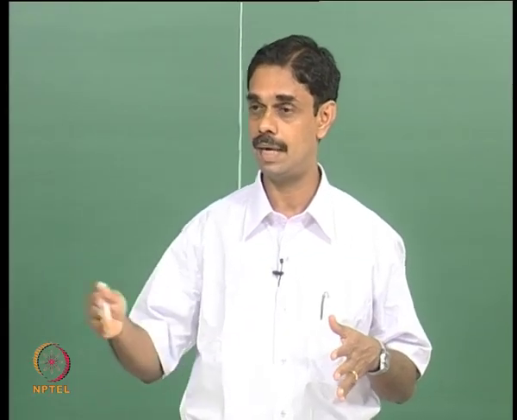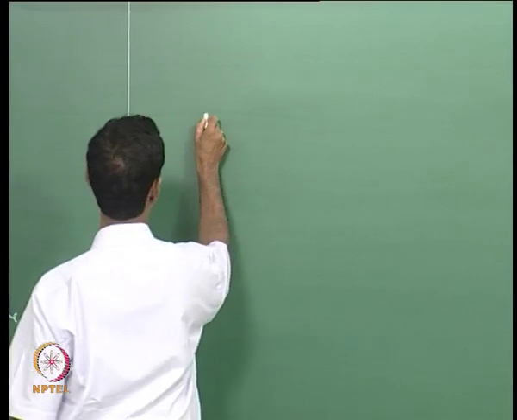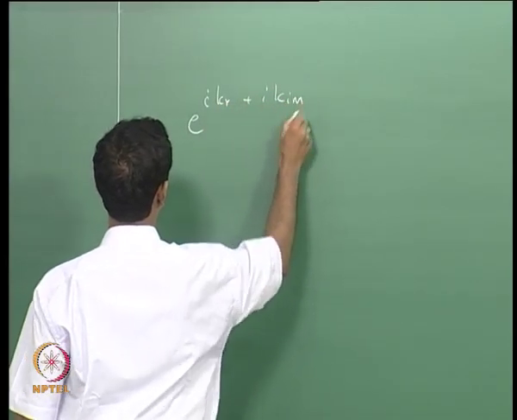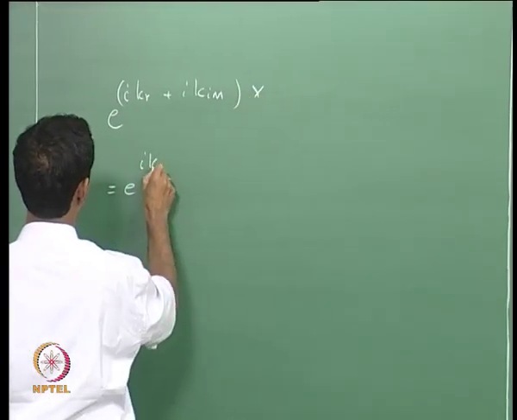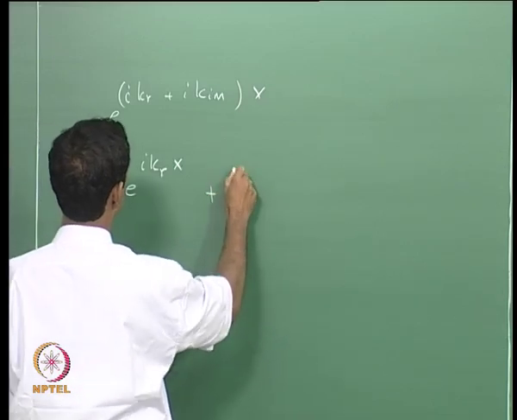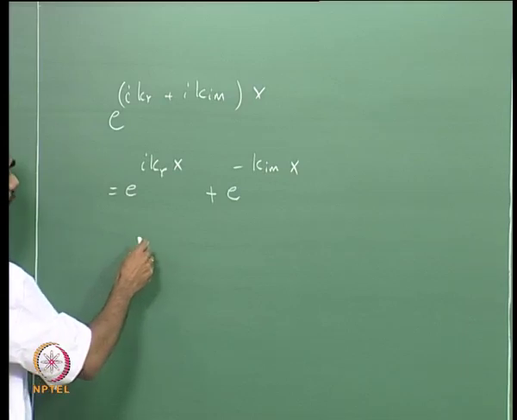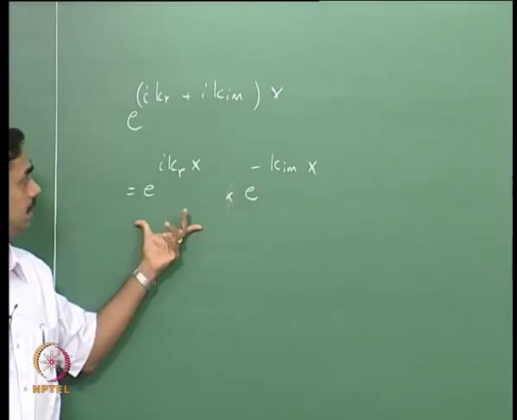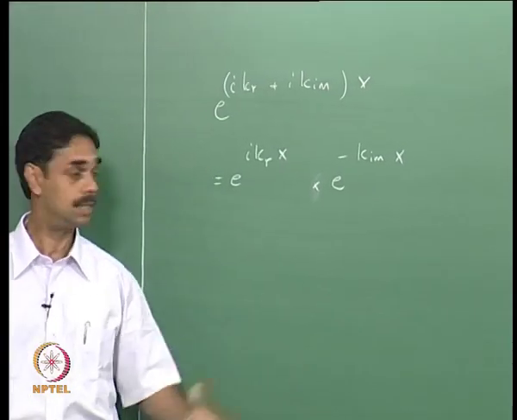So e to the power ikx, let us say e to the power i times k real plus i times k imaginary, times x, will be e to the power i k real x times e to the power minus k imaginary x. This is the propagating part, and this is the growth or decay part, the attenuation part.